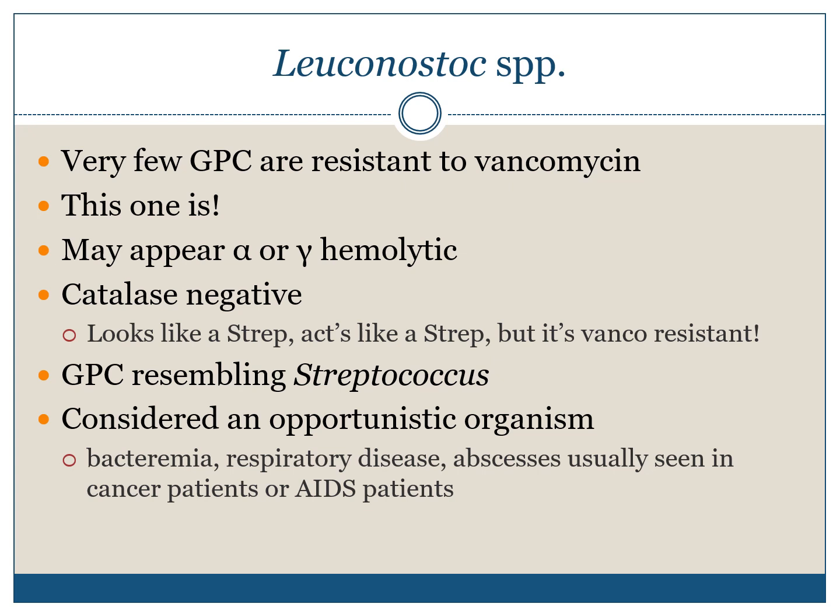They're catalase negative, and they look like a strep and act like a strep, but it's actually vancomycin resistant, so we know we're not dealing with any typical streptococcus. They're a gram-positive cocci, and usually they are in chains resembling a streptococcus. It is considered to be an opportunistic organism causing bacteremia, respiratory diseases, abscesses, and those are usually seen in people that are already immunosuppressed, like people that have cancer or AIDS patients.